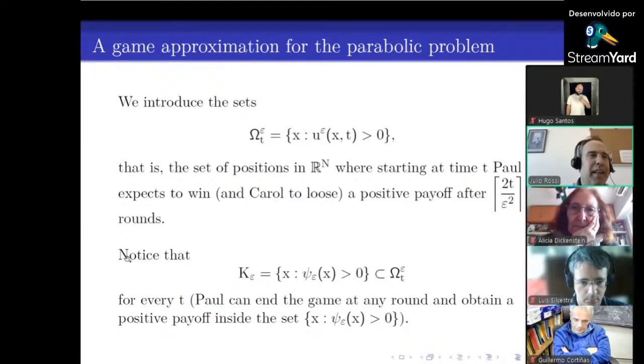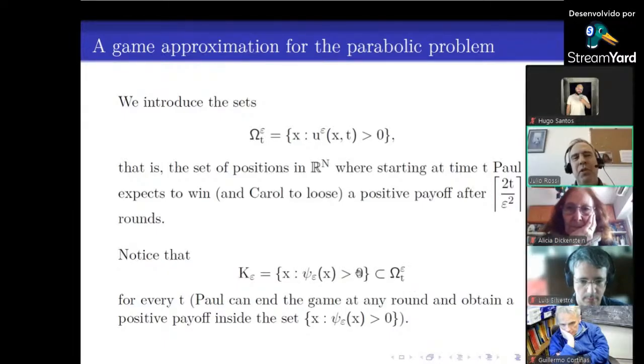And the key point here is that the K epsilon, the set where the obstacle function psi epsilon is positive, is always contained in the set omega t, because Paul may decide to stop at any possible time.